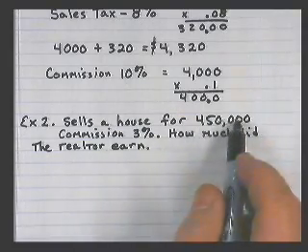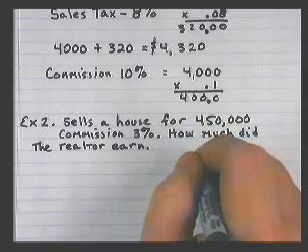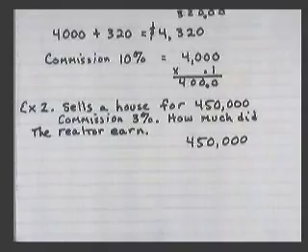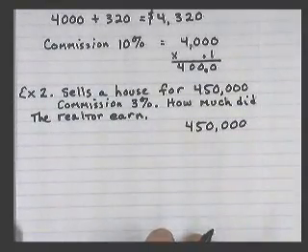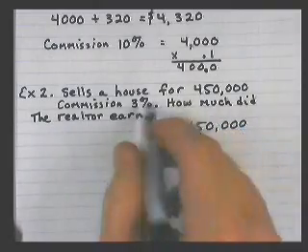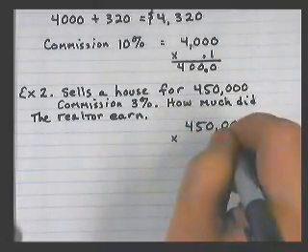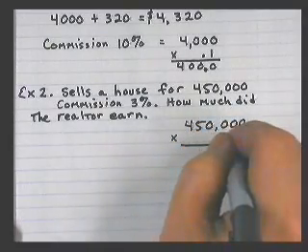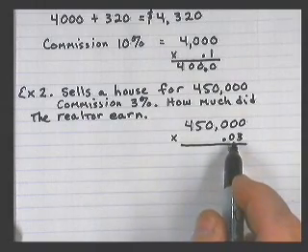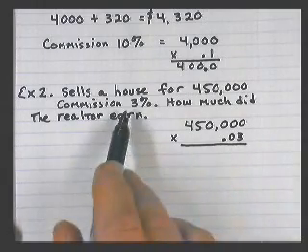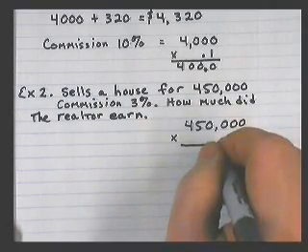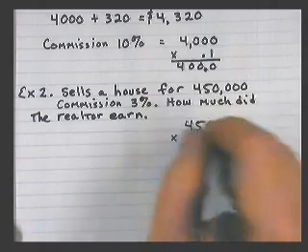Well, you take your sales price, $450,000, times that by the commission rate, times 0.03. Now don't forget 0.03. Don't put 0.3, because remember you have to move your decimal 2 places. Always 2 places.